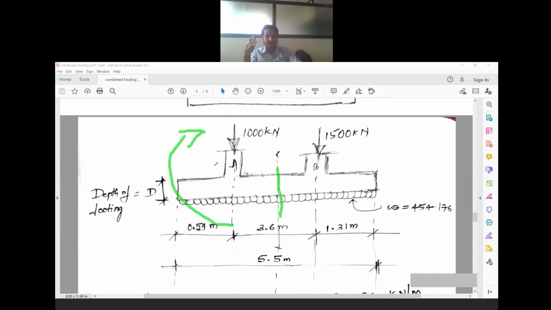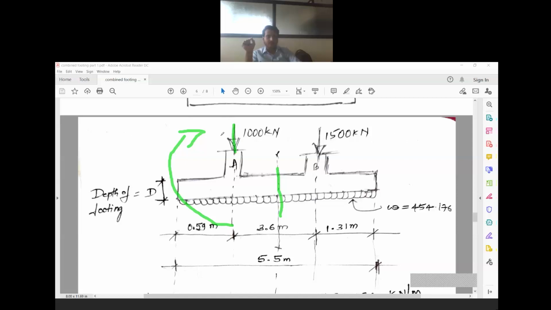So clockwise rotation is possible, so it is positive. 454.176 multiplied by (0.59 plus 1.6) whole square divided by 2, because load intensity into its centroidal distance. That is how you will do.